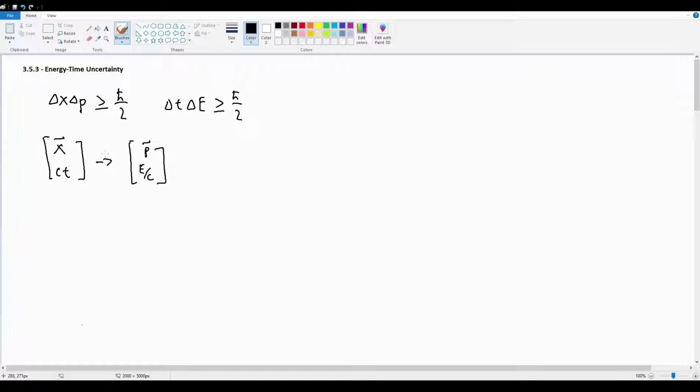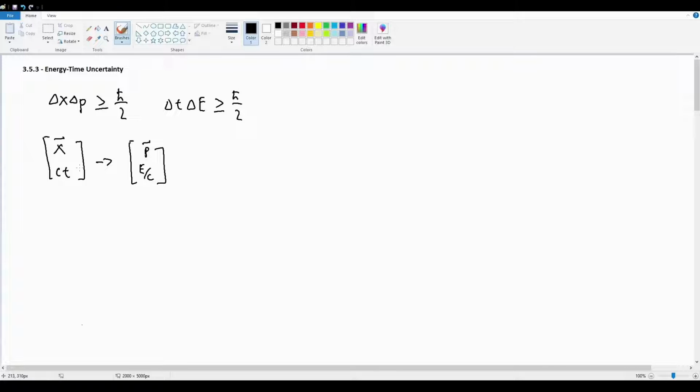So in special relativity, the relation between x and p requires a further relation between t and E, right? And what that means is that you can shove position and time for a system into this nice little equation and very easily get an analogous representation in terms of momentum and energy instead.